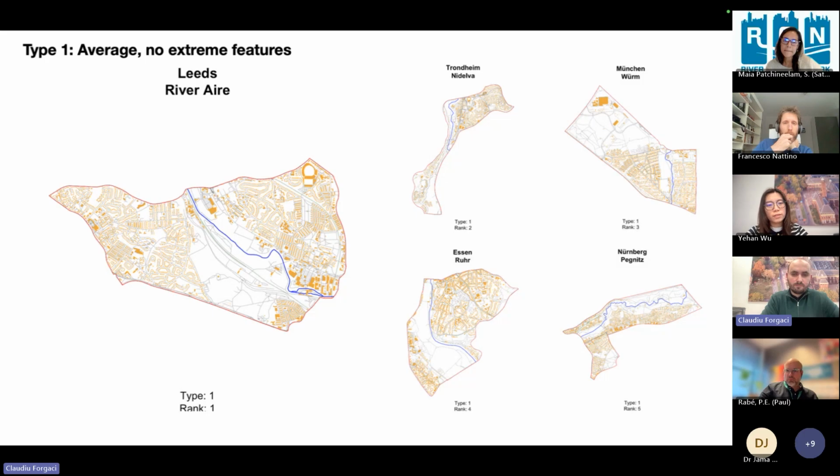So for the first one, you can see these are the 5 most representative types in the cluster. For the first one, for most of the variables, there are not many extreme features.